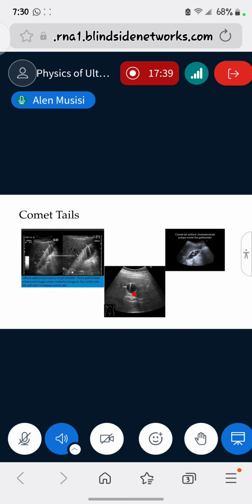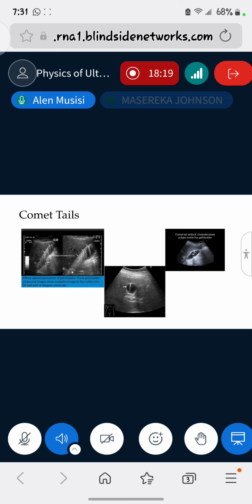For example, if they are scanning a gallbladder and these comet tails are visualized coming from the wall of the gallbladder, it signifies something which is not good, though I'm not sure exactly what, because I'm not a sonographer. I don't know what would have happened to the wall of the gallbladder.